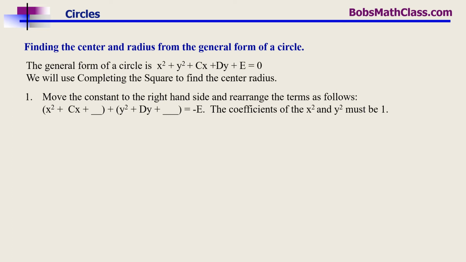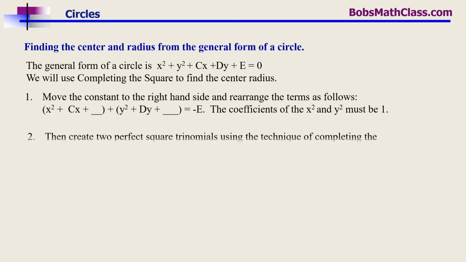Okay, in this case, I label it as e, but that's a constant because it doesn't have a variable, so that gets moved to the other side. We just want it out of the way. Okay, and then we're going to create the perfect square trinomials on the left side by completing the square so that we can rewrite it in standard form.